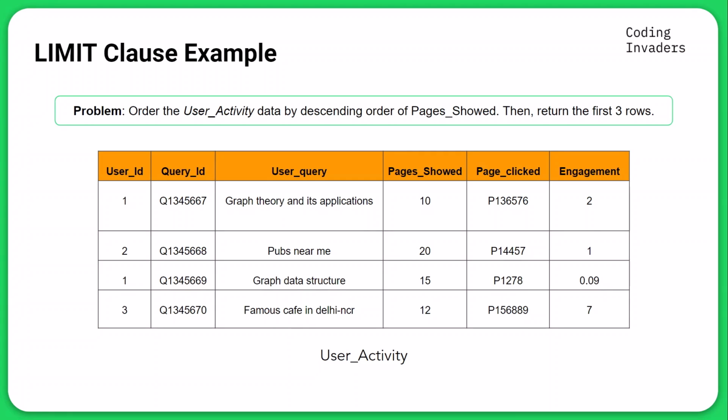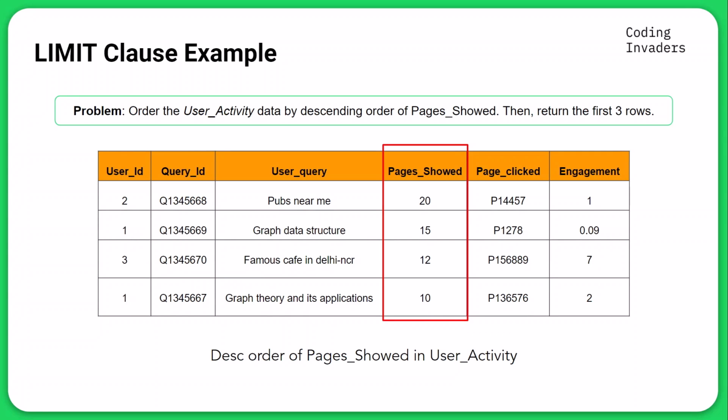Great. So now we will see one more problem with this data table, and the problem is order the user activity data by descending order of pages showed, then return the first 3 rows. So first, let's sort in descending order the pages showed value.